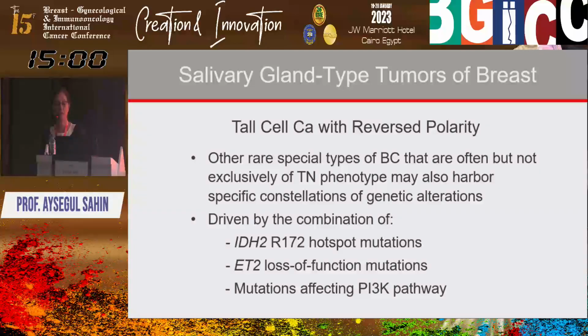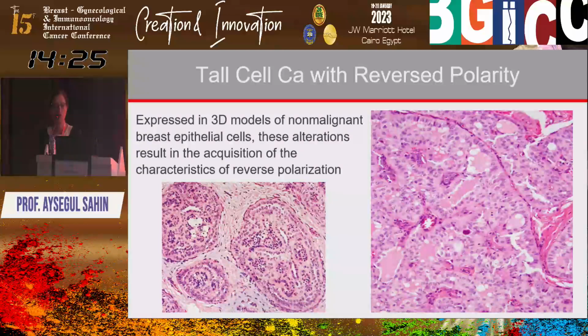Another triple-negative breast carcinoma is the tall cell carcinoma with reverse polarity, which is a rare lesion, but most importantly, these tumors are driven by a combination of IDH2 hotspot mutations and ETV2 loss of function or mutations. Mutations affecting the PI3K pathway have also been reported, but in our clinical practice, we use IDH2 immunohistochemistry.